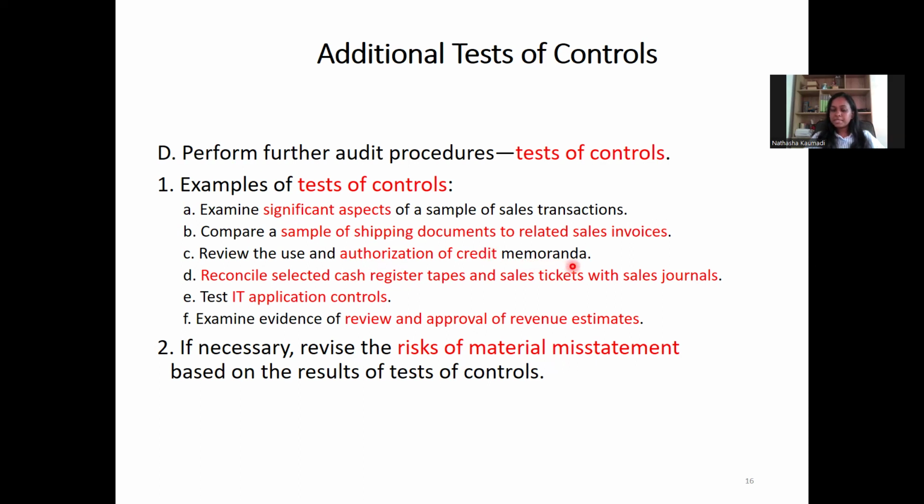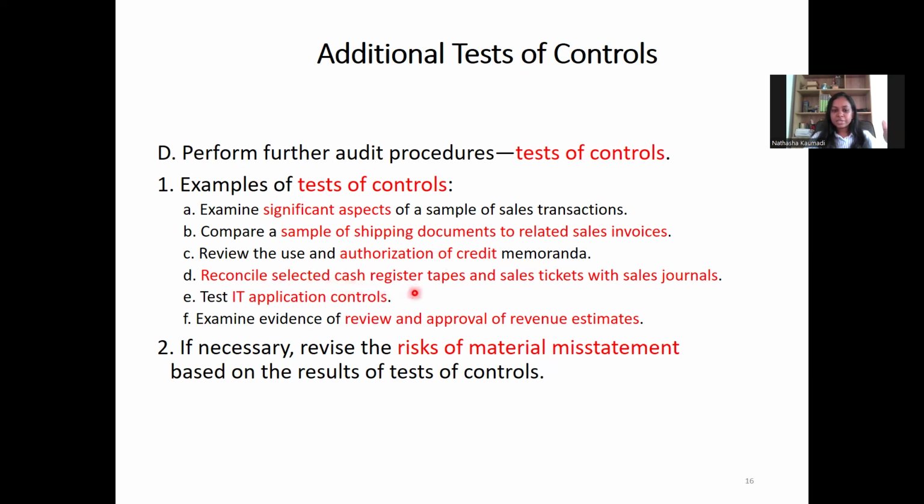So if the company has actually approved the credit limits and followed that procedure, followed their internal controls, there should be evidence for the authorization. Maybe a responsible party has signed, like checked, dated, signed. Likewise, you can see the evidence. So you are reviewing the authorization of credit.